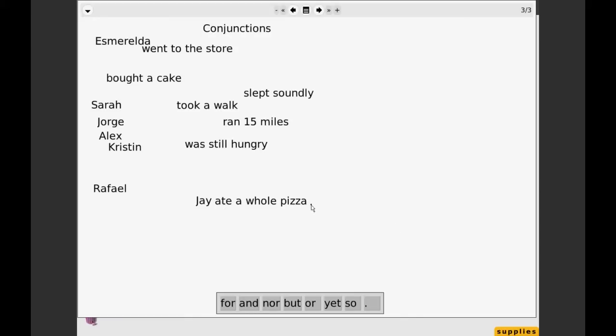So there's our sentence. But let's say we wanted to add something to it. Maybe he ate the pizza. Let's make this into a comma. Put that there.